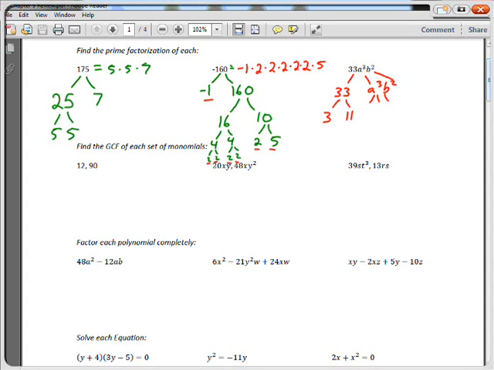And then a to the third b squared can be broken down to a to the third and b squared. A to the third will be a times a times a. B squared then would be b times b. And so you'd get 3 times 11 times a to the third times b squared.